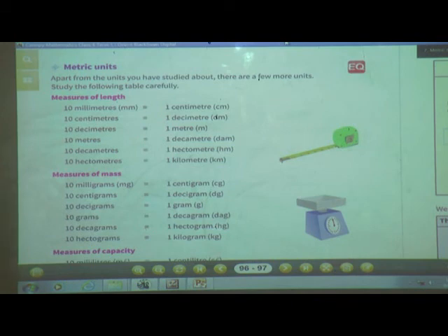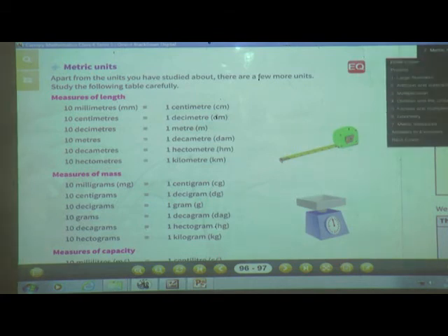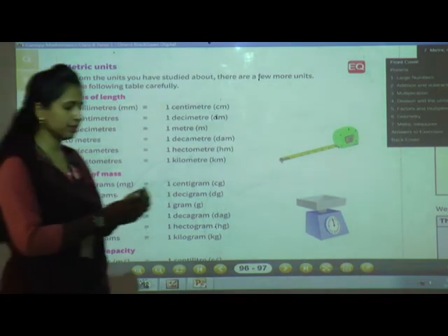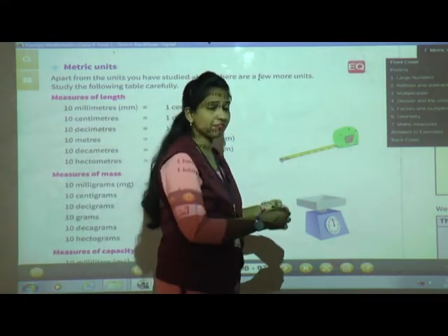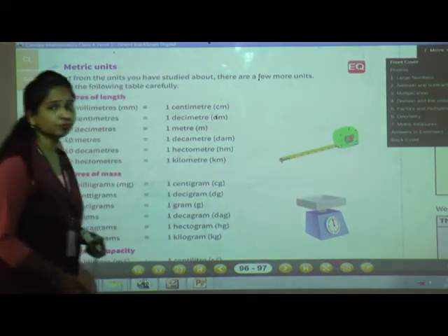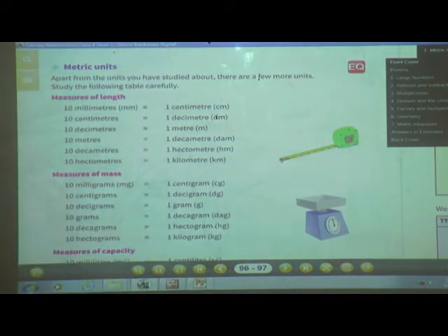Okay. Now measures of length. What is length? Measurement of something from one end to another end is called length. See, how will you measure? You will measure with the tape. See, I do have a tape. How do I measure? Yes, measurement of something from one end to another end.